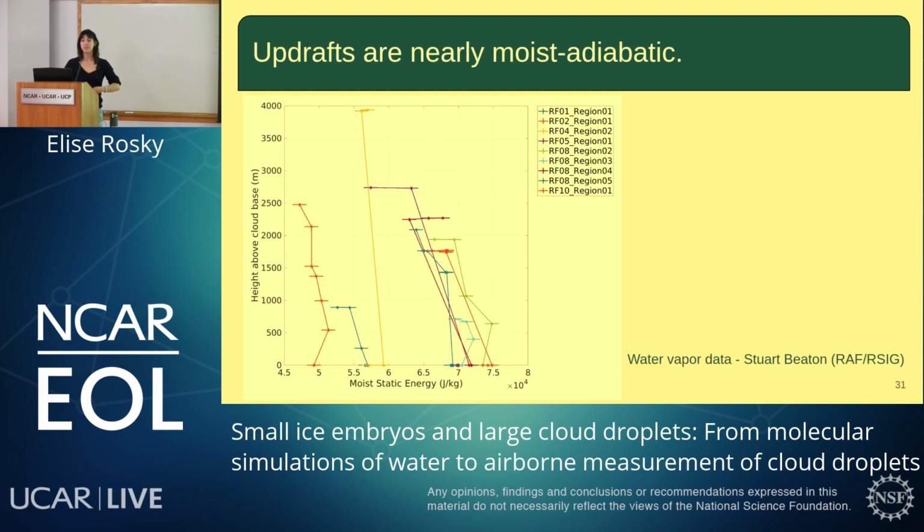So I wanted to verify that the moist static energy was indeed a conserved quantity at the different levels in the cloud. And again, these are only looking at passes through an updraft. And so these are all the different regions that I looked at and different levels above the cloud base, starting with the measurements at the cloud base or just below the cloud base.